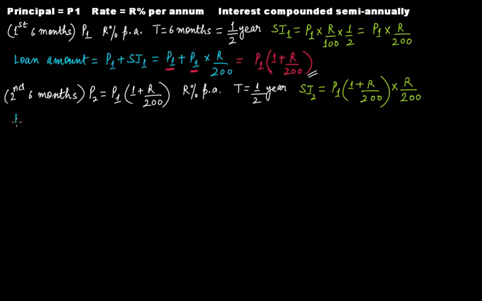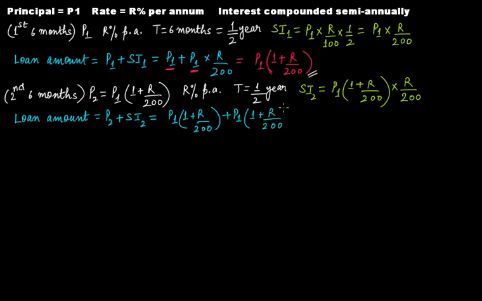Now tell me, what will be the loan amount at the end of this period of 6 months, that is at the end of the second conversion period? For the second conversion period, your loan amount will be P2 plus SI2. What's P2? P2 is P1 times 1 plus R by 200. What's SI2? SI2 is P1 times 1 plus R by 200 times this R by 200.